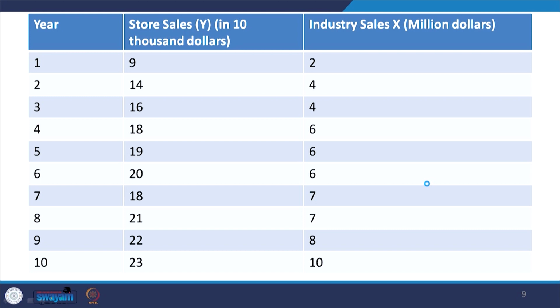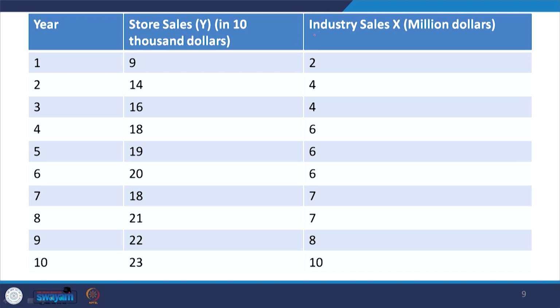Now, with the help of this tabular data, we will see how to use these formulas. We have data for the past 10 years, with two types of data. There is a store whose sales data is given in $10,000, and the industry data is available in $1 million.